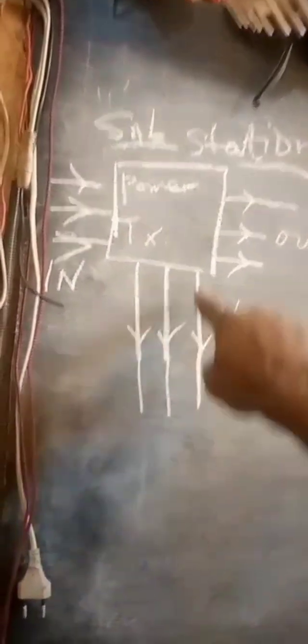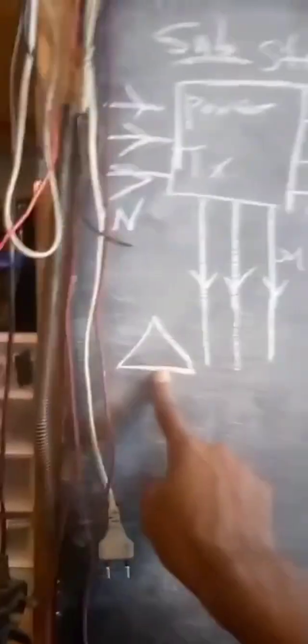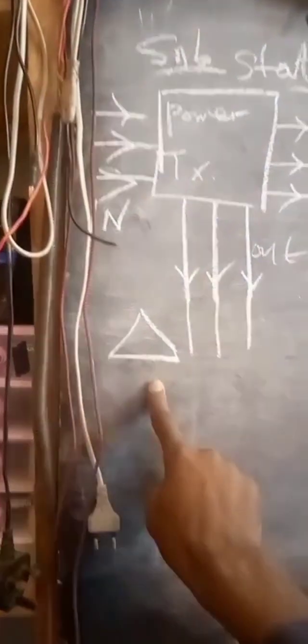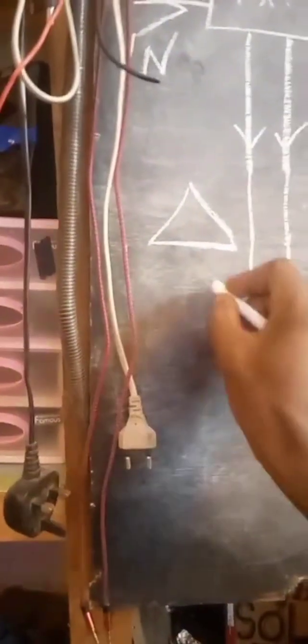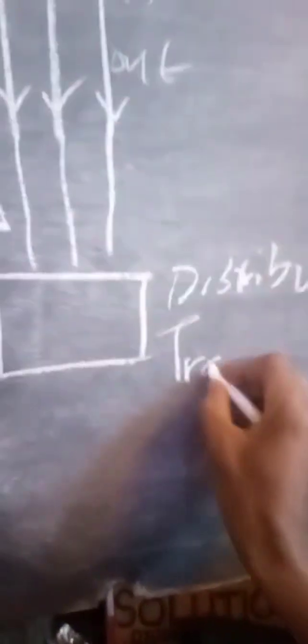So after this distribution is done, we need to have, remember this is delta. Delta means we don't have a neutral. So what we do, we put this in something called a distribution transformer, like this.